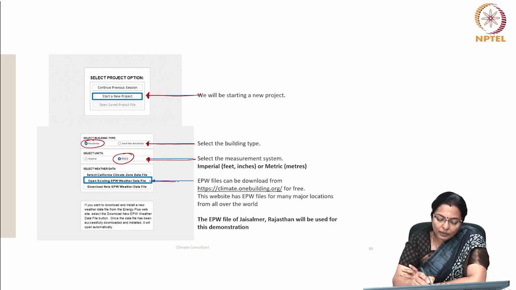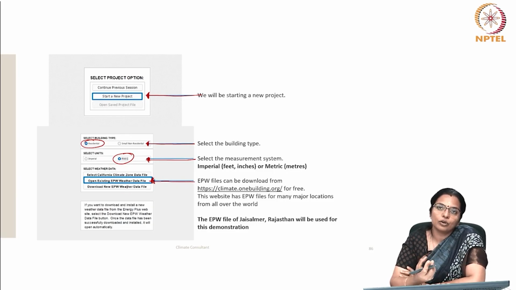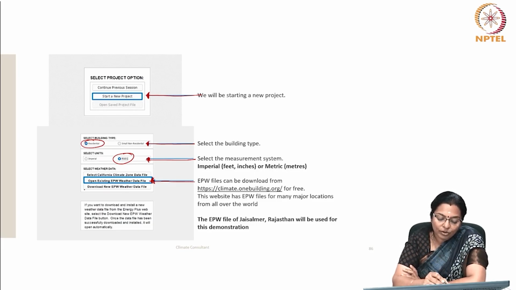Either you open the existing EPW file weather data. If not, if you want for a very specific place which may not be there in the existing EPW file, then you have to download the new EPW weather data file. Now here, how to download?